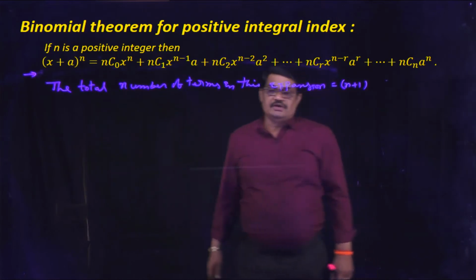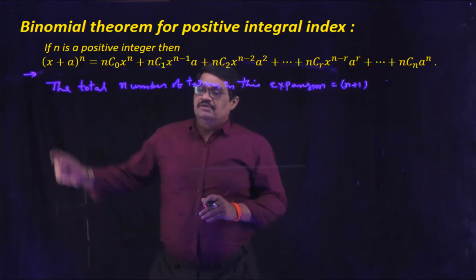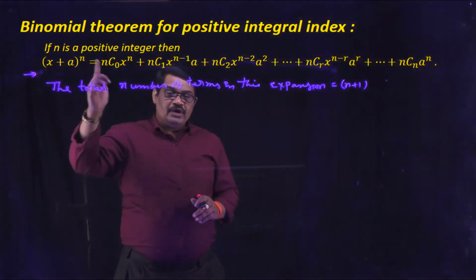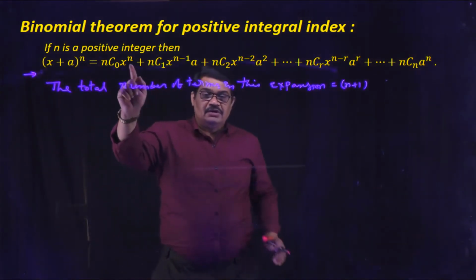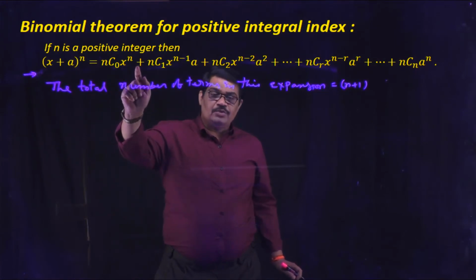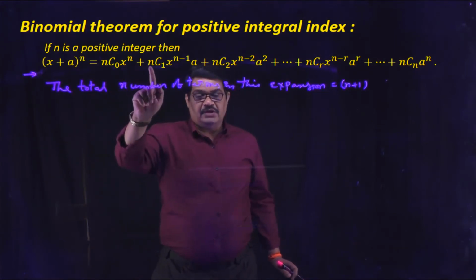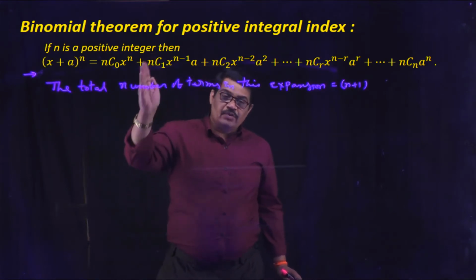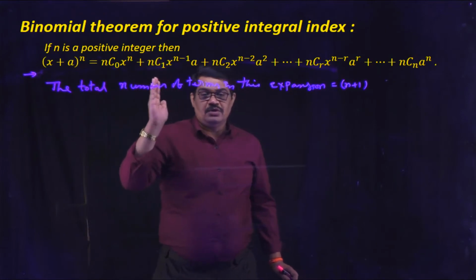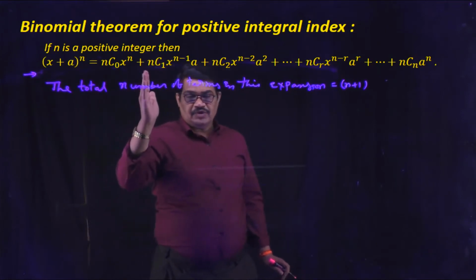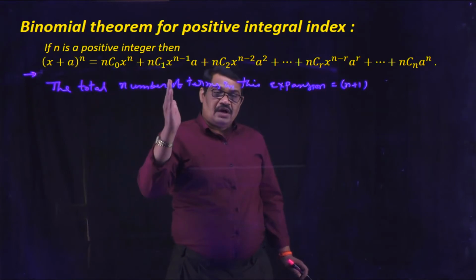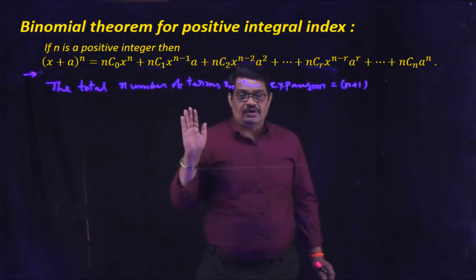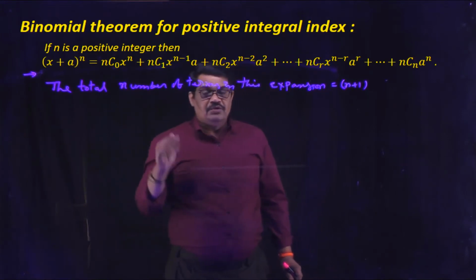We are observing this expansion. Here the first term is x and the second term is a. In nC0 x^n there is no a, that is, a to the power 0. Here x^n and a^0: the highest power is n, that is x^n, and the least power is 0, that is a^0.